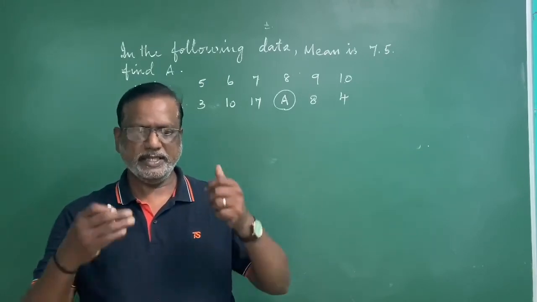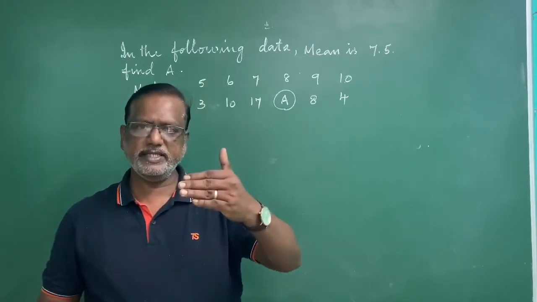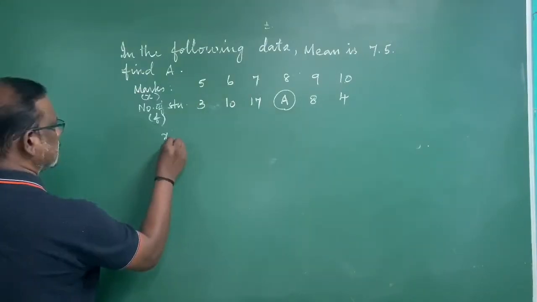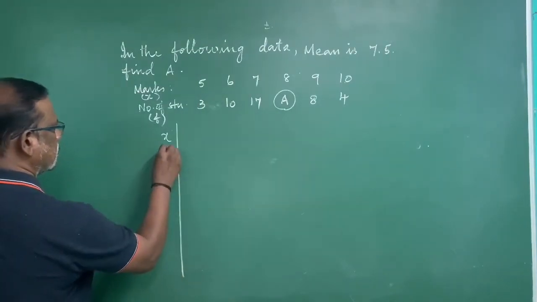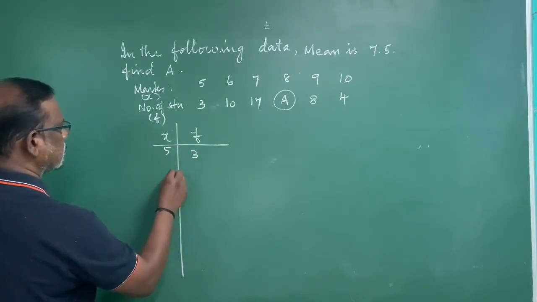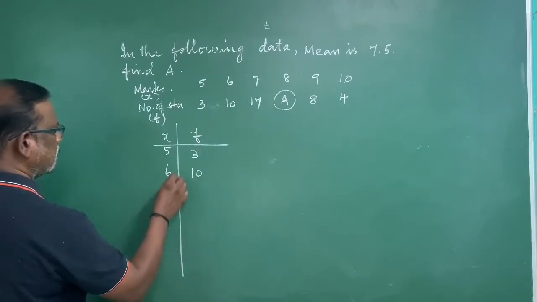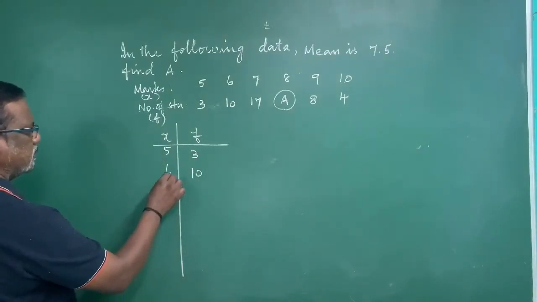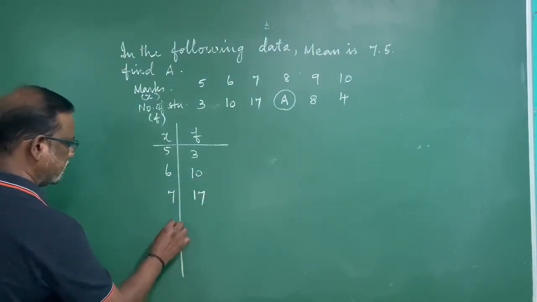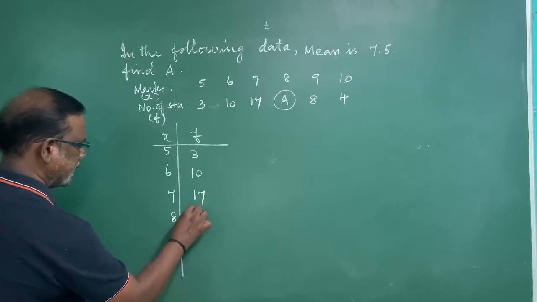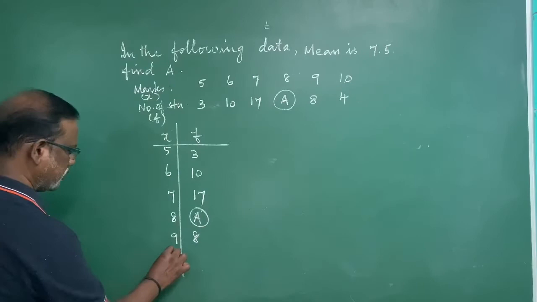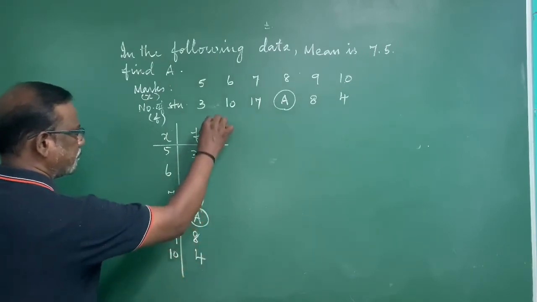In the same way, let us proceed by writing these values in the vertical column. 5, 3; 6, 10; 7, 17; 8, A, the missing frequency; 9, 8; 10, 4.